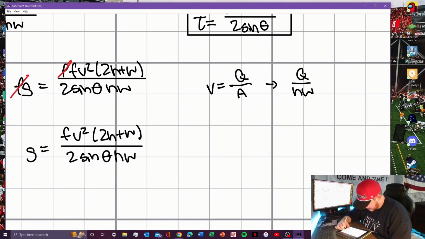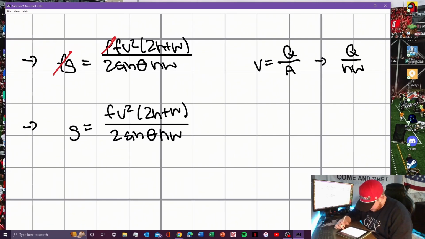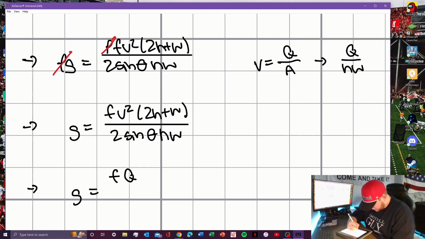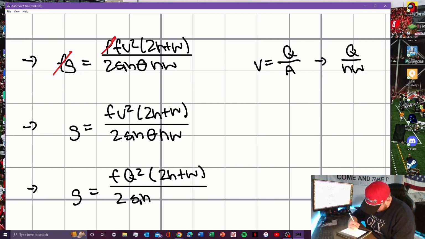So we can plug that in for V, which gives us our final equation of g is equal to friction factor times Q squared, flow rate squared, times 2h plus w, all over 2 times the sine of theta times h cubed w cubed.